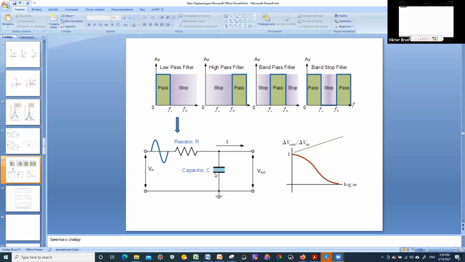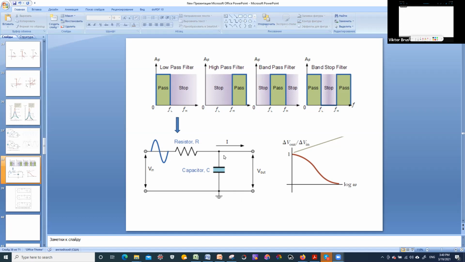So capacitive reactance is equal to 1 over omega times C. So if we increase frequency, this capacitive reactance decreases, and some current is flowing through the circuit.